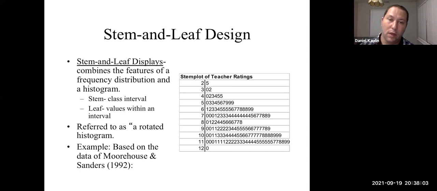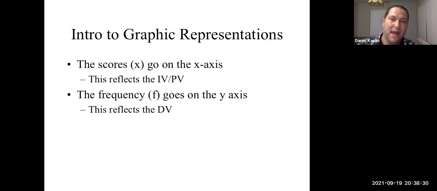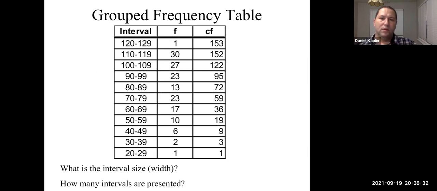So you may recall that the ratings in Morehouse and Sanders went from 20 all the way to 129, right? So 20 to 29, 30 to 39, 40 to 49, and so forth. But there was one person in that 20 to 29 category. So, but what was their score? We don't know.